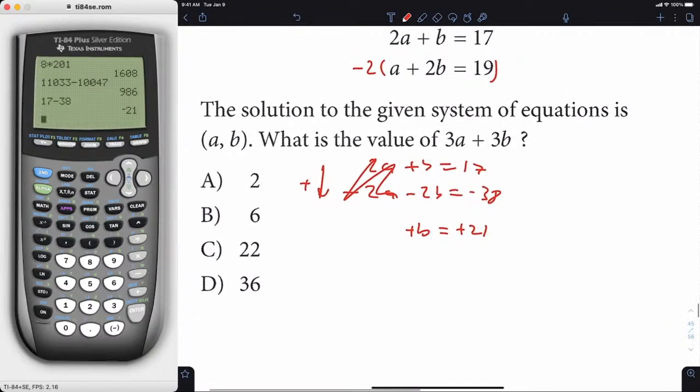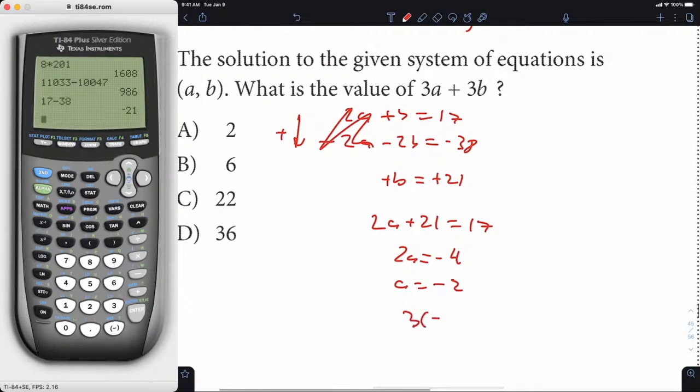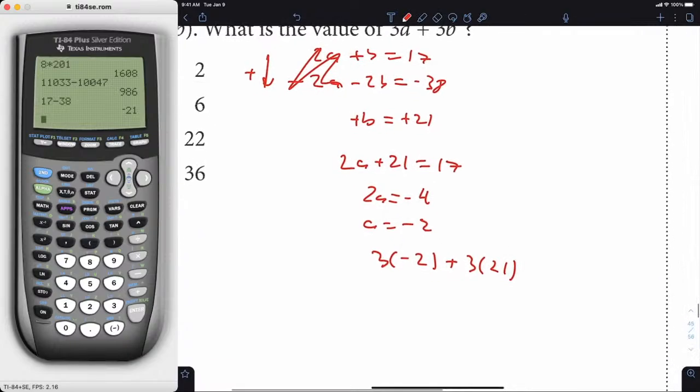And then we can plug B back in. So 2A plus 21 equals 17. Subtract 21. Negative 4 equals 2A. So A is equal to negative 2. So 3 times negative 2 plus 3 times 21. 3 times 21 is 63 minus 6.